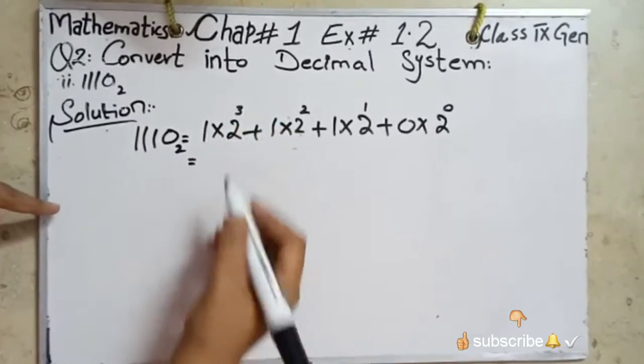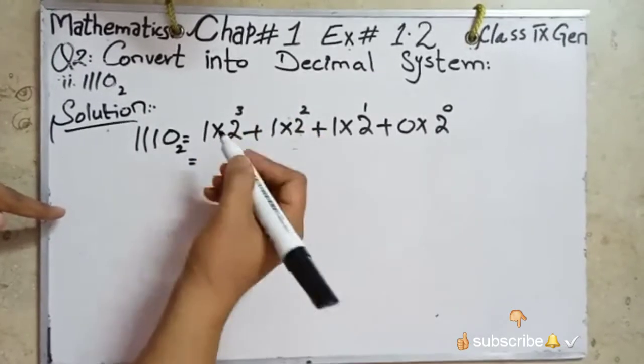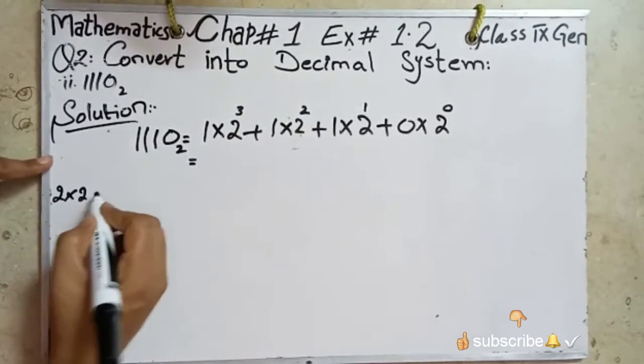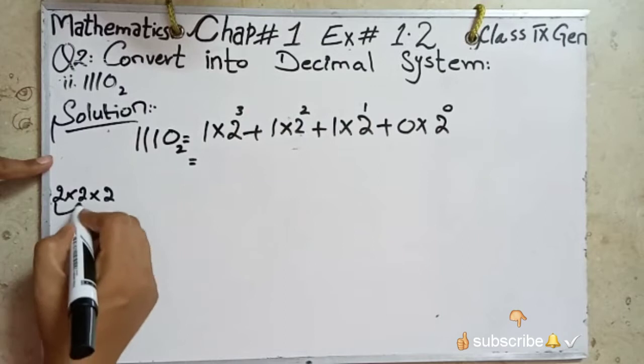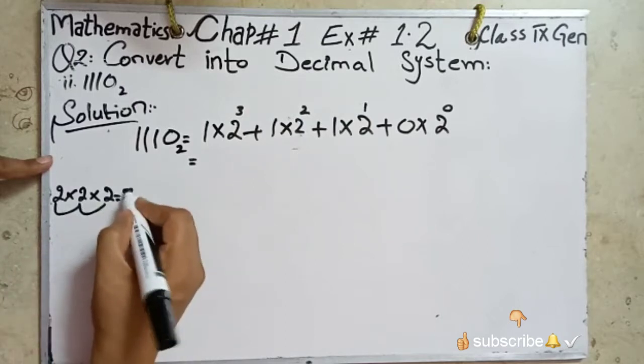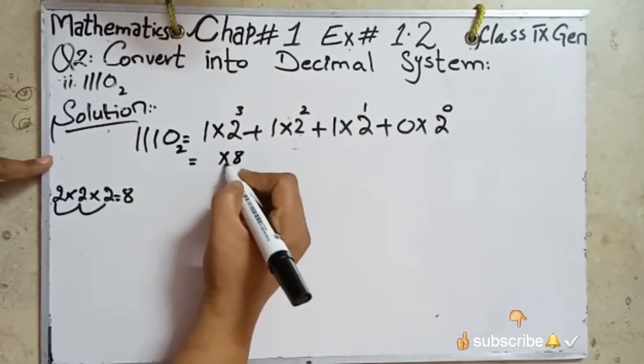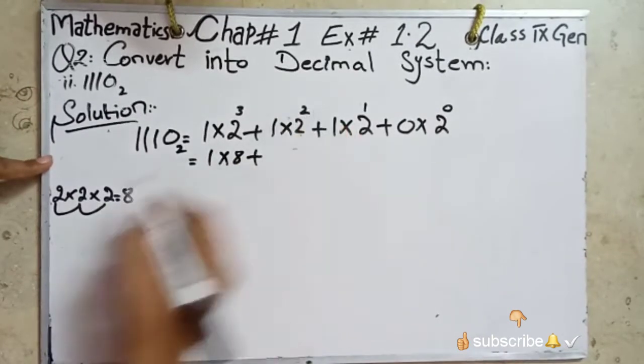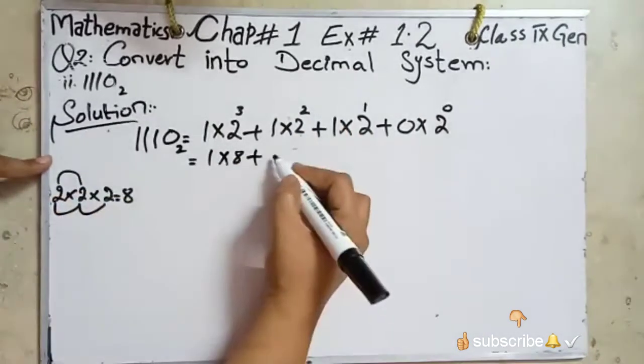Power 3 means 2 we have 3 times. 2 multiplied by 2 multiplied by 2. 2 2s are 4, 4 2s are 8. 8 multiplied by 1. Power 2 means 2 2s are 4.